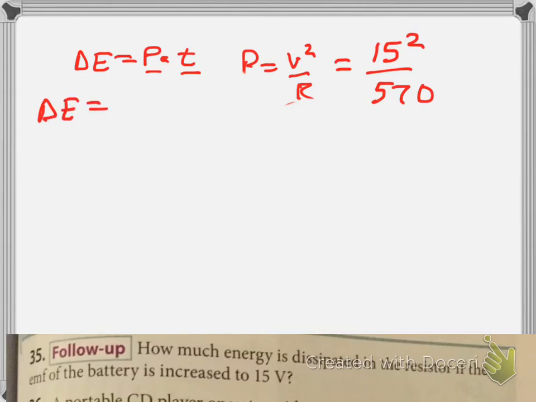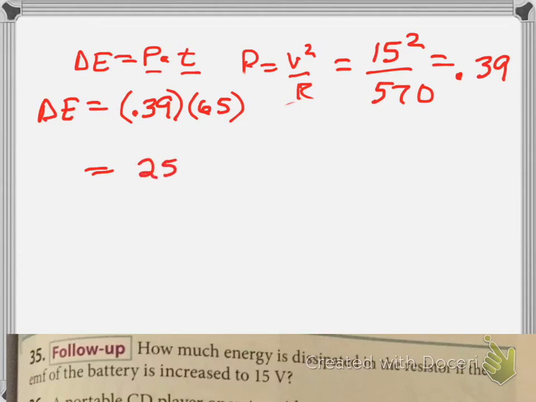So 15 squared divided by 570 is equal to 0.39. So I have a power. This is my power right here, 0.39. So I plug that in for power, multiply it times the 65 seconds, and see how much I get.